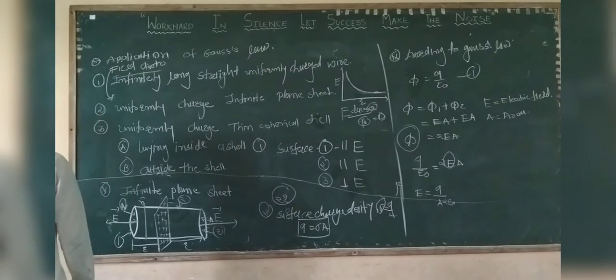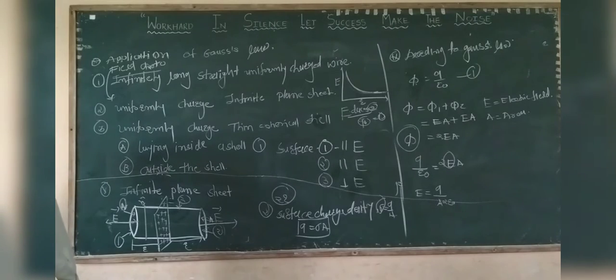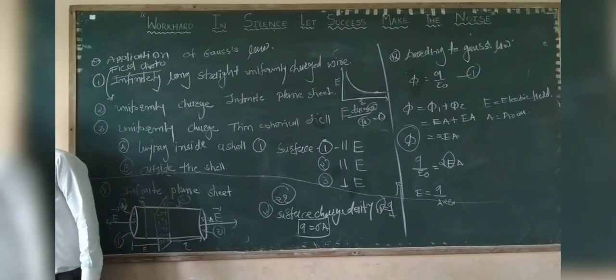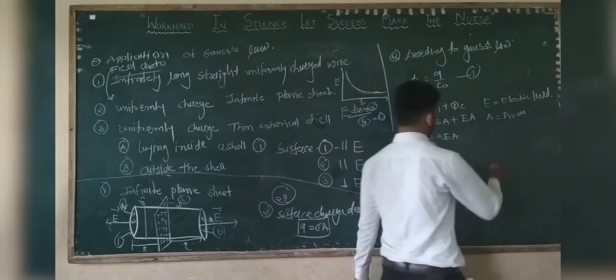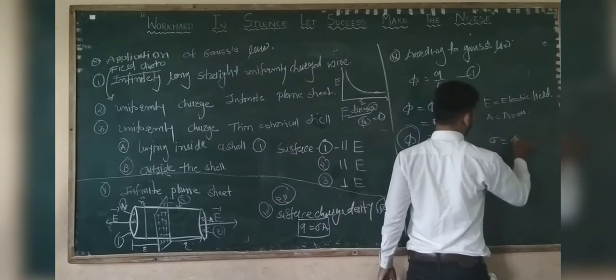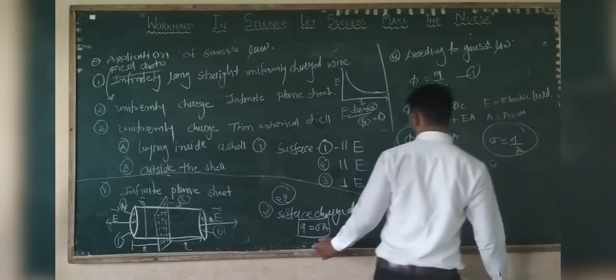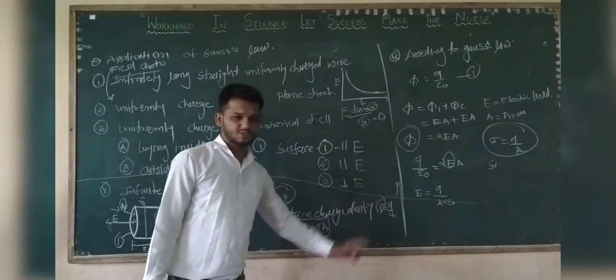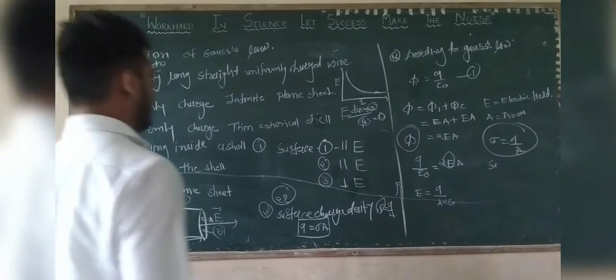Q by A is equals to sigma, because it is our surface charge distribution, or we can say surface charge density.